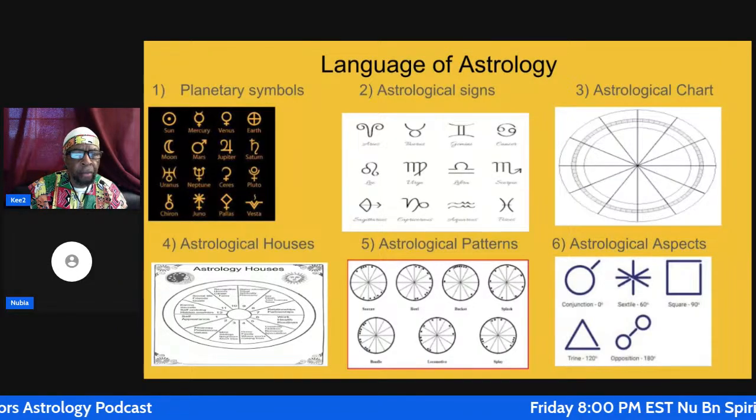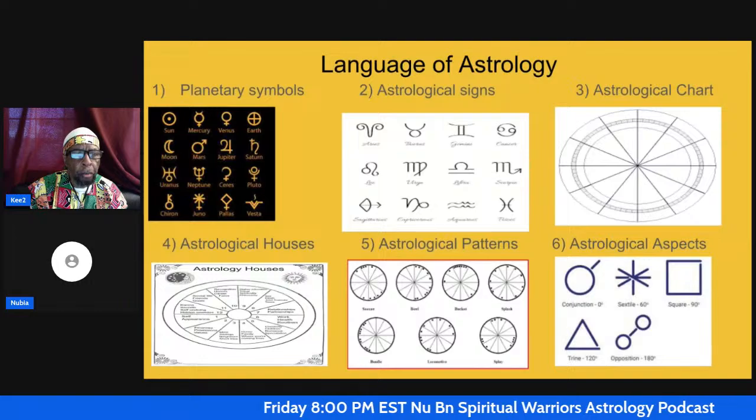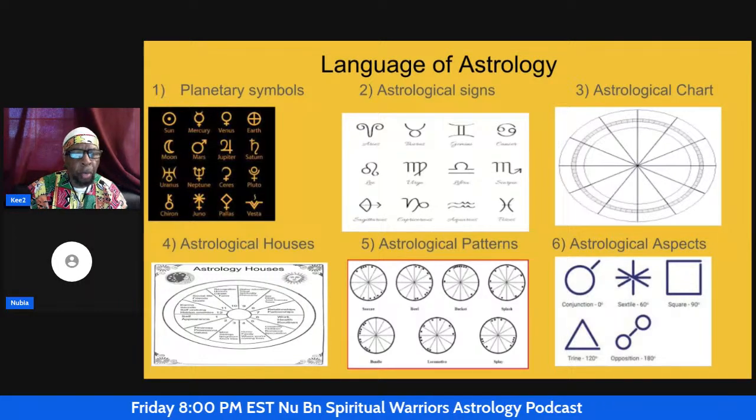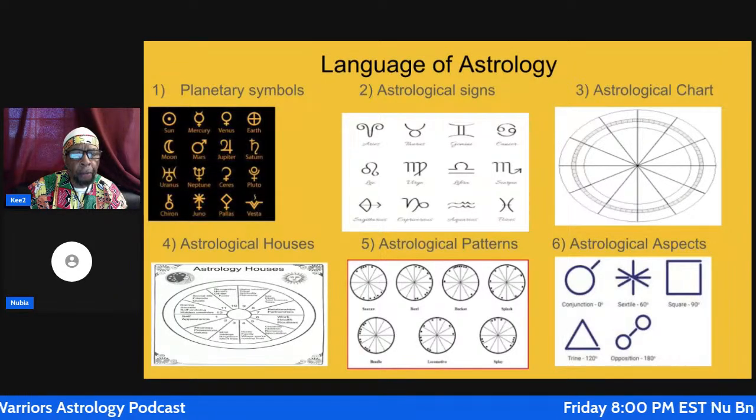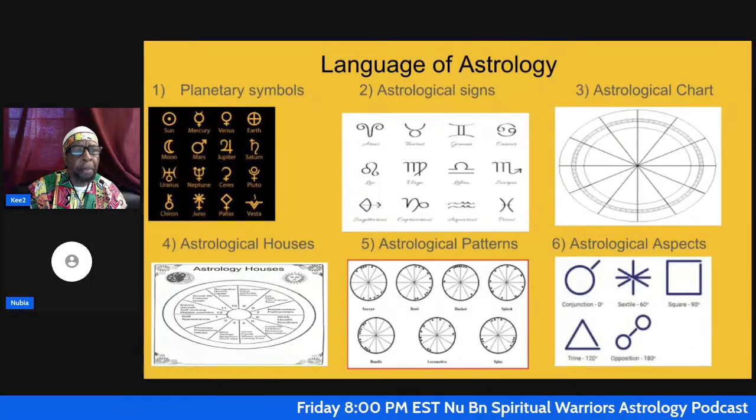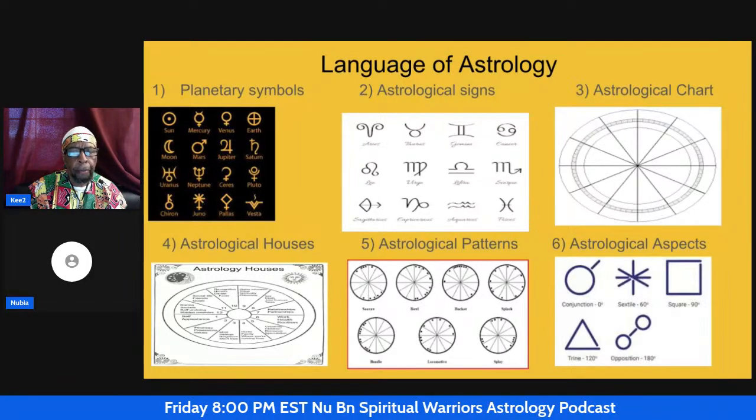I use a 5-degree orb. So they're like next door neighbors, right? They're right next to each other. They're somewhat familiar. There's a lot of communication that goes on between them. And when you see a conjunction, you also are seeing the beginning of a journey.